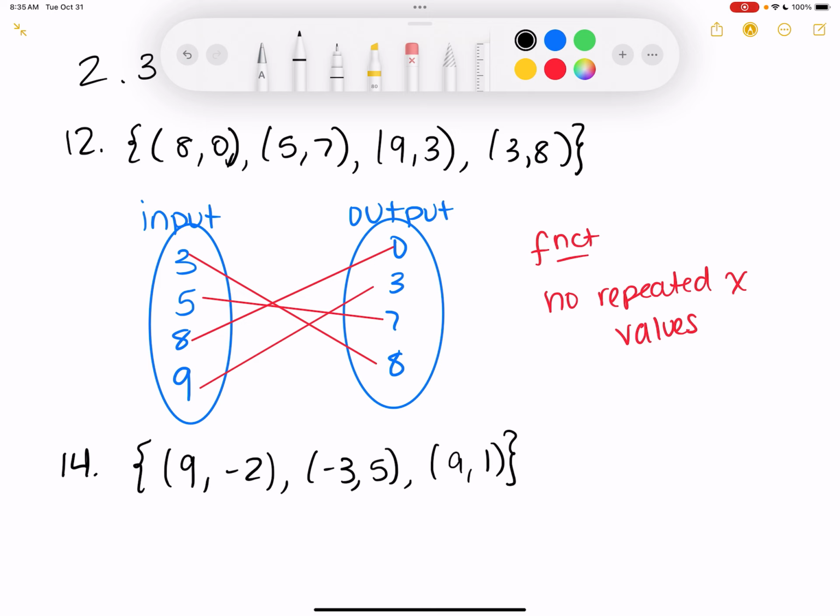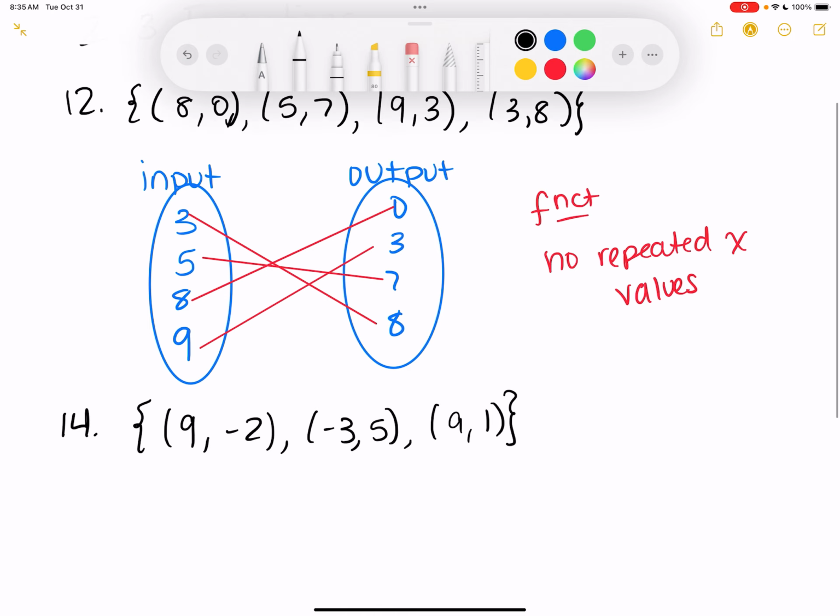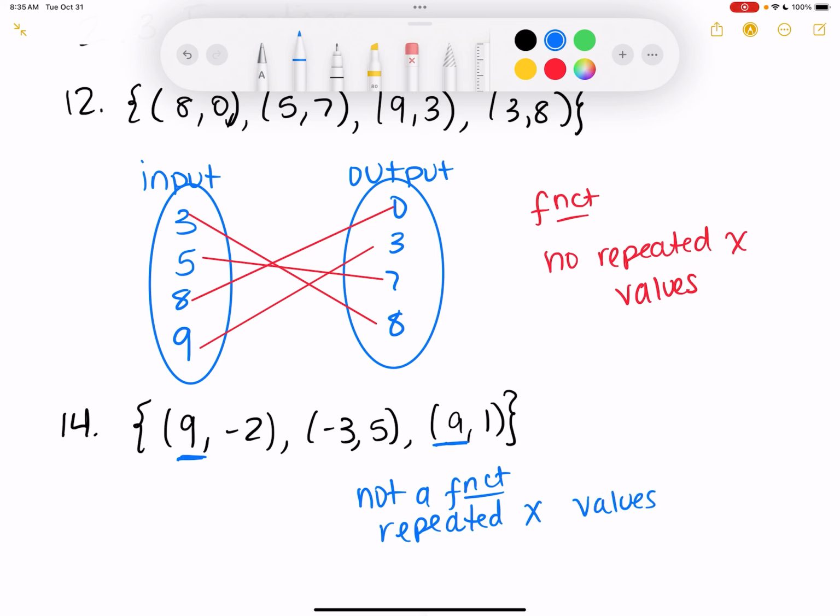The other thing you can do, because this book doesn't specify what method you have to use to tell if it's a function or not, is if you don't want to do all the extra writing, you can just underline that there are two x values that are the same, and then say not a function because there are repeated x values. And that would be sufficient.